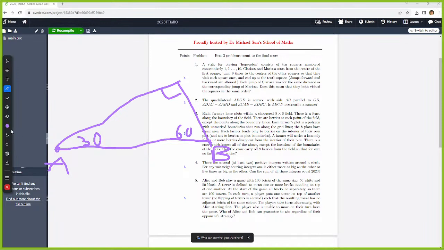I want to draw, instead of 30 degrees on the left, 30 degrees on the right, yeah? That makes sense?